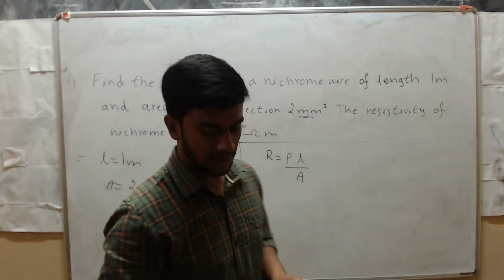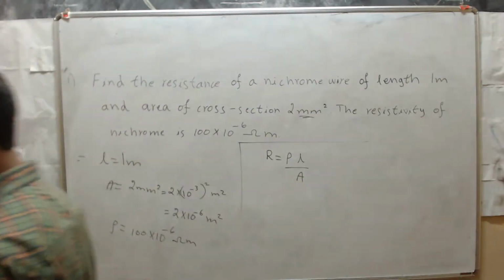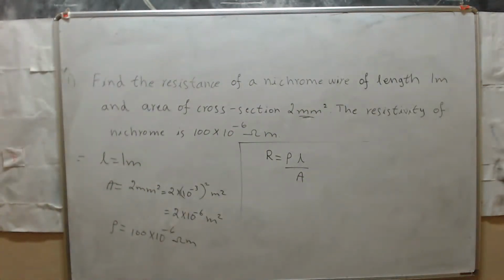Substitute the values and give the answer first. So 50 ohm resistor, very good. Only 2 students answered. What about others? Yes, 50 ohm.